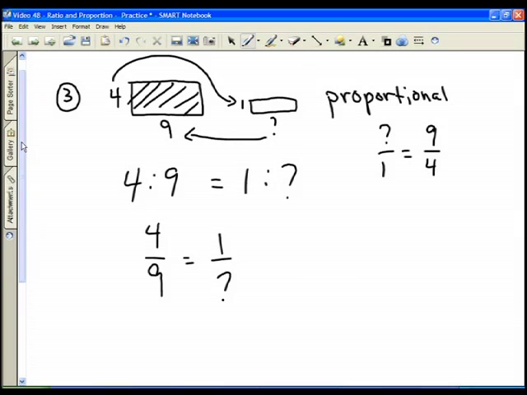And if we make sure that the question mark and the 9 are either both in the numerator or both, as we've written here, in the denominator, it works out to be exactly the same.